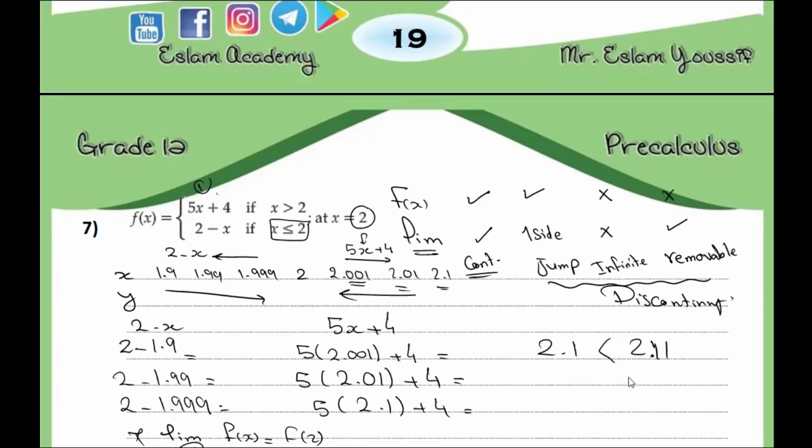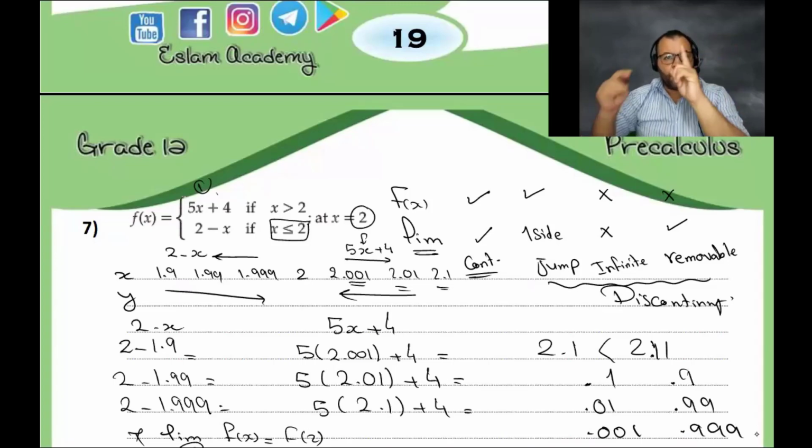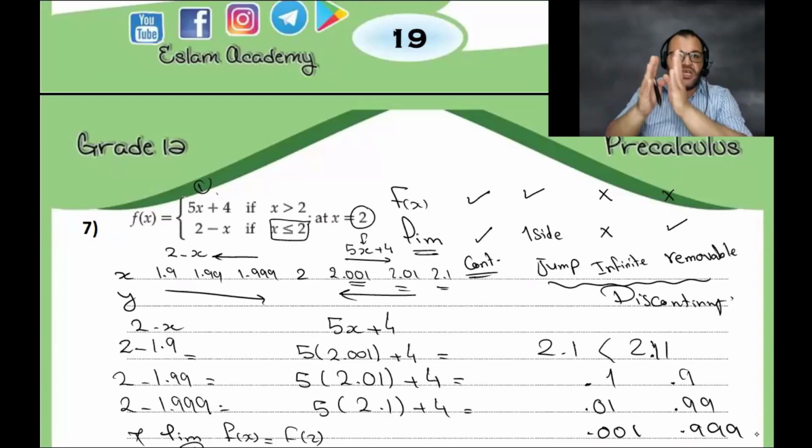For any number ending in 1, like 0.1, the next will be 0.01, then 0.001. Anything with 9, the next will be 0.99, then 0.999. Anything 0.1, add 0 before 1. Anything 9, add 9.